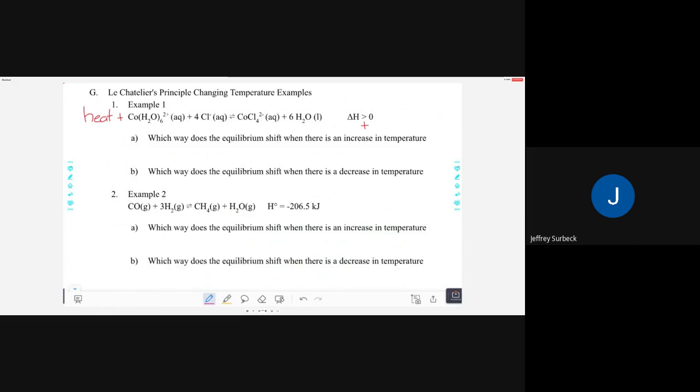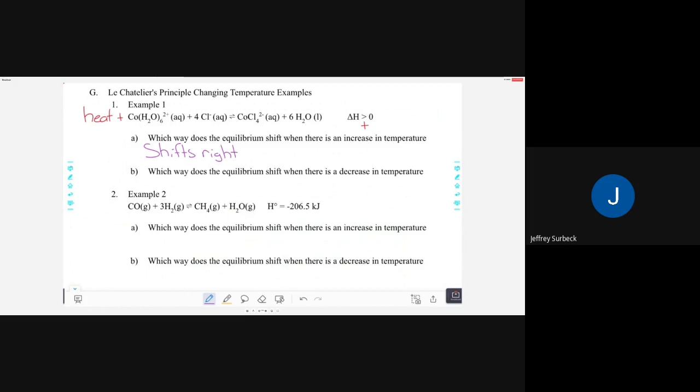Now we say, which way does the equilibrium shift with an increase in temperature? It's like increasing a substance, so we increase the heat, it shifts opposite. So what side's opposite? Shifts right.